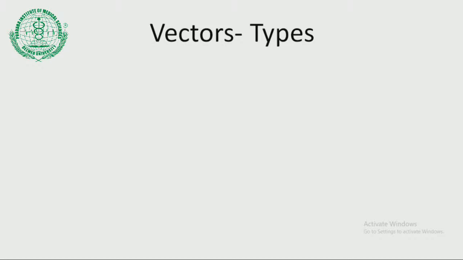So moving on, we should know the types of vectors. Depending on the mode of transmission or depending on the behavior of the pathogen in or on that particular vector, vectors are differentiated into mechanical vector and biological vector. In mechanical vector, the vector only shifts or moves the pathogen from one side to other side.